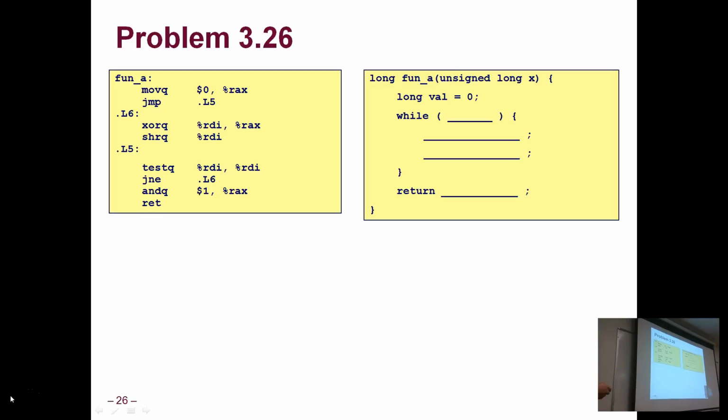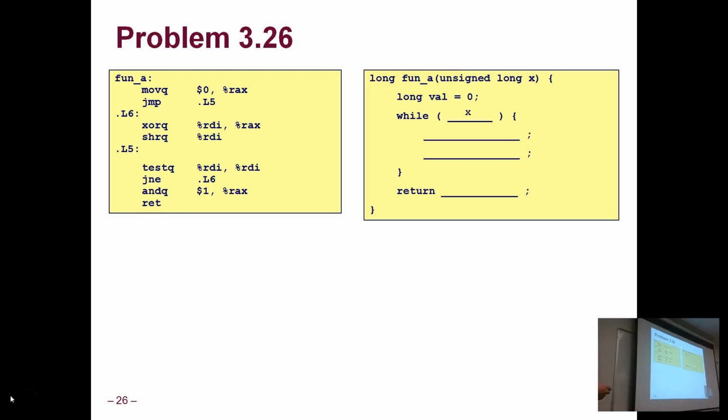And we just talked about earlier, when you do this test quad of RDI to itself, the only way this is going to be equal to 0 is if x is equal to 0. So that's why the branch is for not equal. So that's why this is while x. And you could have done while x is not equal to 0 as your condition.